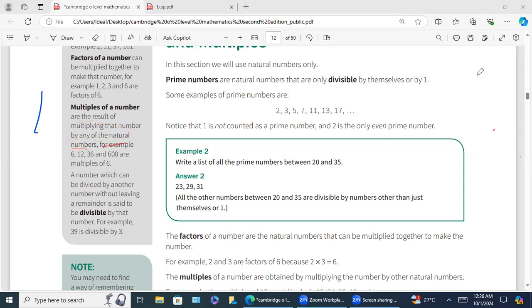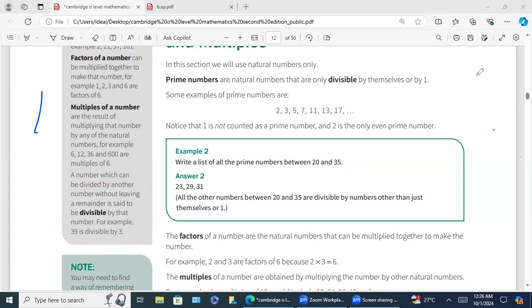For example, 6, 12, 36 and 600 are multiples of 6. A number which can be divided by another number without leaving a remainder is said to be divisible by that number. For example, 39 is divisible by 3. It is simple.